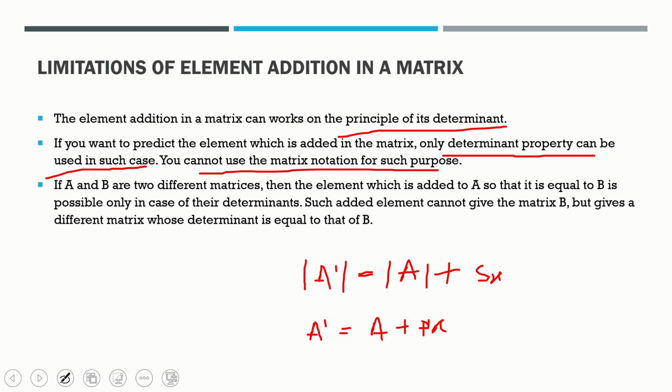If you have taken one matrix A dash, and you calculated x, then upon adding the x element in the A matrix, some matrix will come. So what I am going to say is, suppose A dash is a matrix.